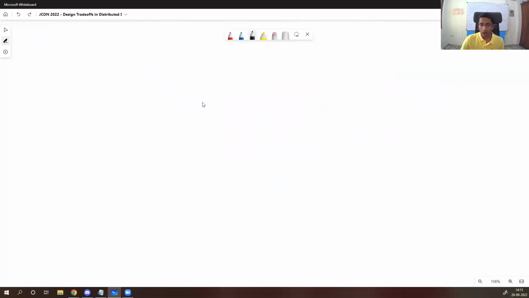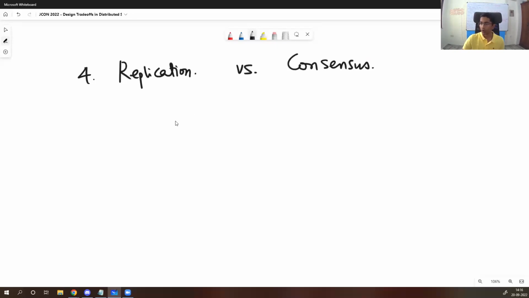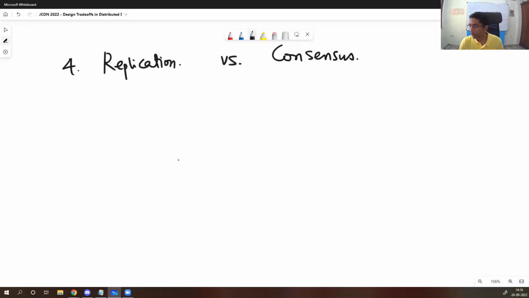Okay. The final trade-off that I want to talk about is trade-off number 4, replication versus, something we saw right now, consensus. Okay, so consensus means you have a request in your system.